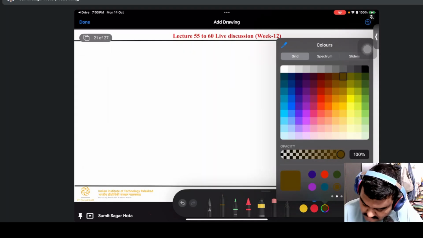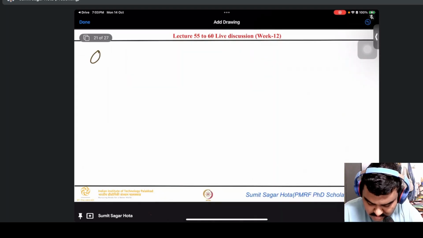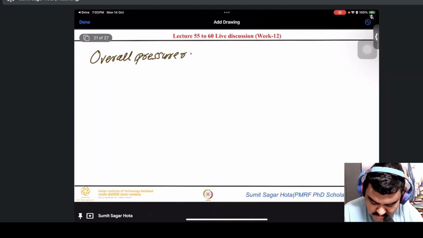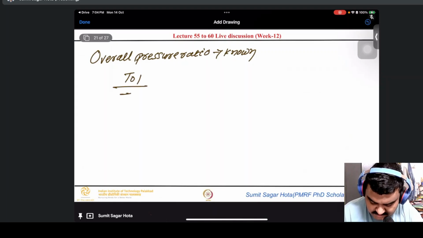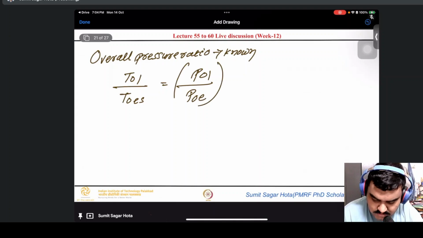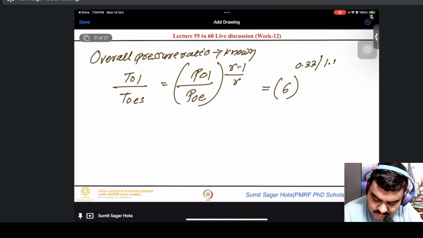So overall pressure ratio known, T naught 1 by T naught ES is your P naught 1 by P naught E. So your gamma minus 1 by gamma is equal to 6 to the power 0.33 divided by 1.33.